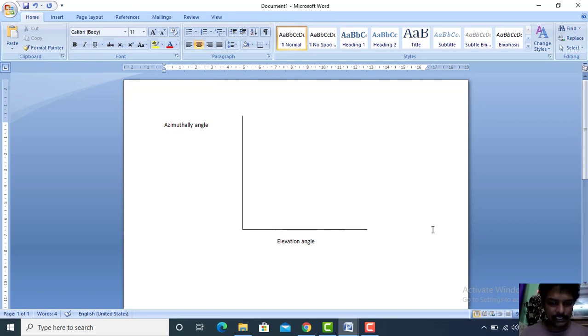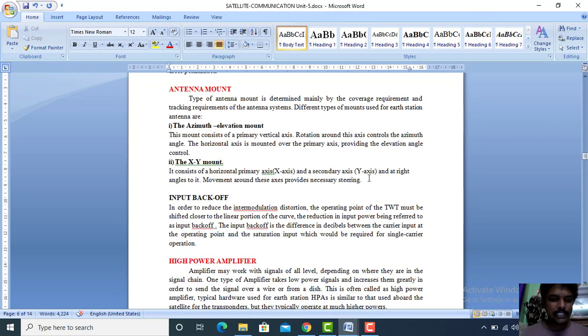That is your azimuth-elevation mount, which is one antenna mount. Another one is your X-Y mount, where X is the horizontal primary axis and Y is the secondary axis used for steering your antenna.